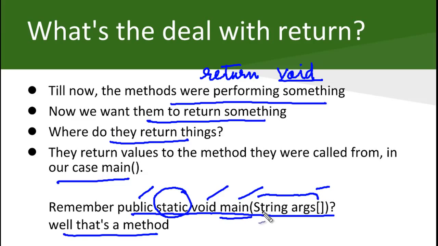So our main, which we have been using since the first video to create a hello world program, is basically a method. We will be calling a method from this main method, and when the method executes and performs its action and returns something, those return values are returned to the method they were called from, and in our case that's the main method.